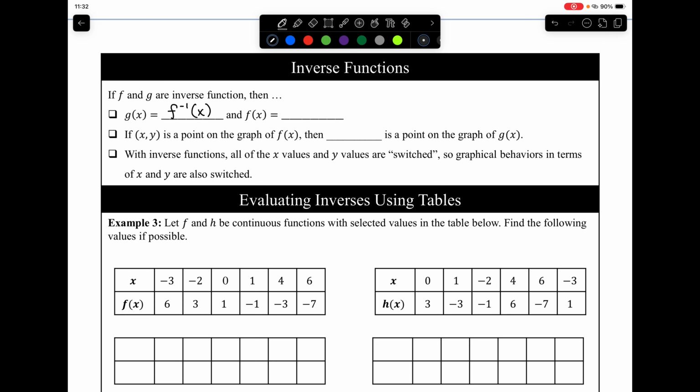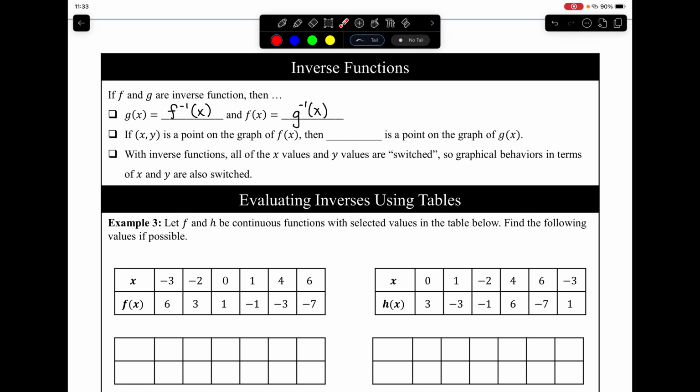And the notation would simply be g with a -1 as an exponent of x. So this is the notation that we use to indicate that we have an inverse of something. And of course, f could be the inverse of itself, or whatever the case is.